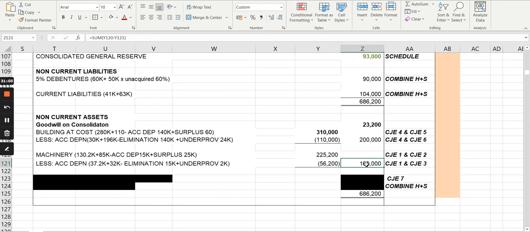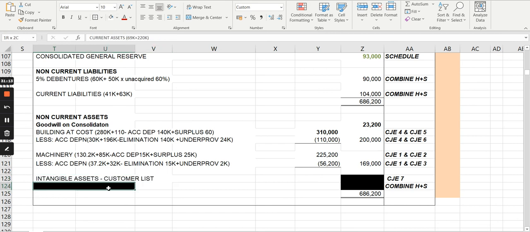169 is related to the total here. The next item is the current asset here and the intangible asset as well. The intangible asset that you have recognized during the business combination, which is the one that gave rise to the parent and subsidiary relationship, is the customer lease of 5,000.